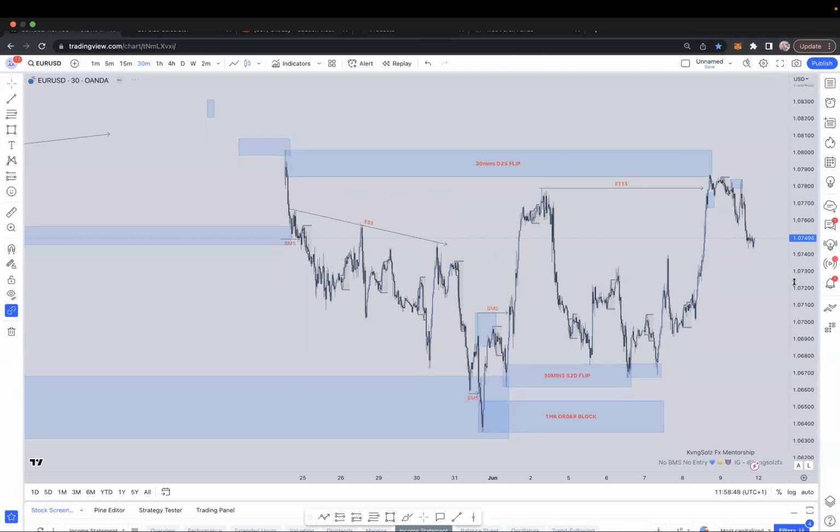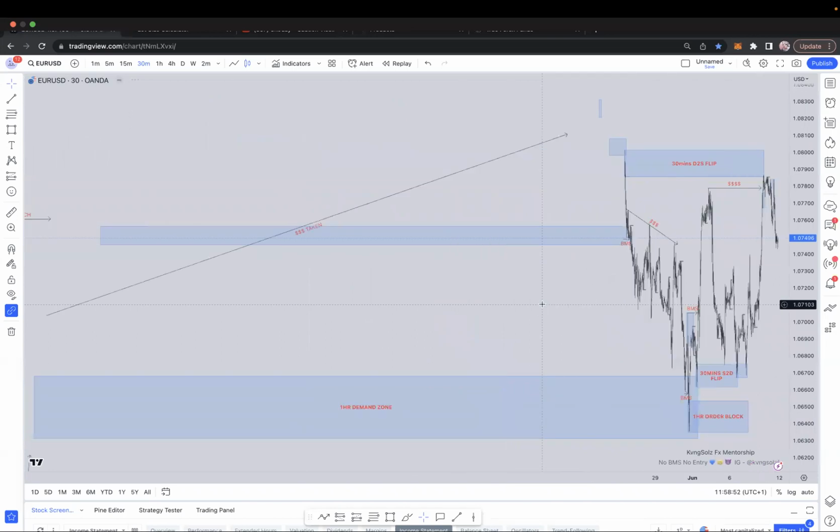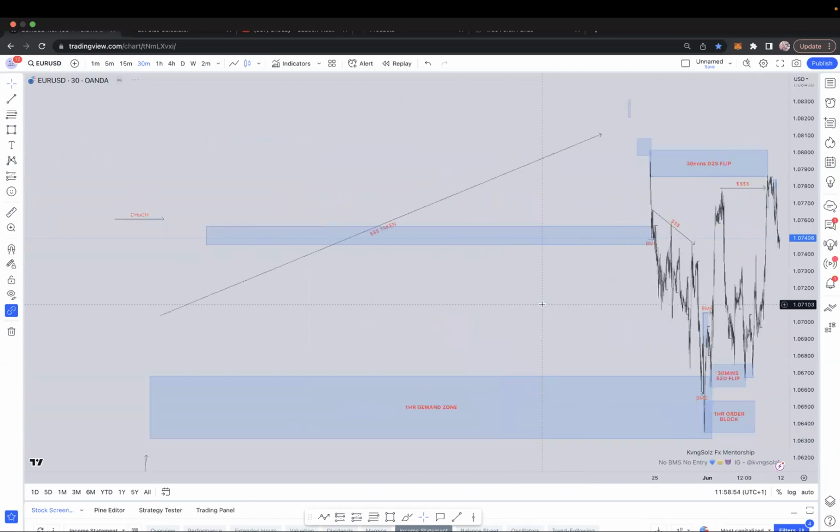Now, in terms of buys, yeah, as we all know that on the 1 hour, we're having a supply to demand flip. Let it load. My network is very bad. Come on, okay.